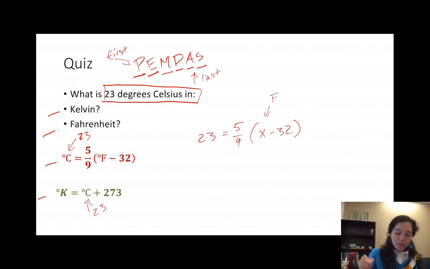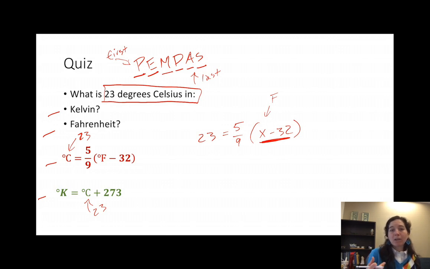Let's look at our order. We want to solve for x, so we need to get x by itself. This is in parentheses, but there's an x in the parentheses, so we can't actually do anything with that stuff in the parentheses. It's going to come last here.